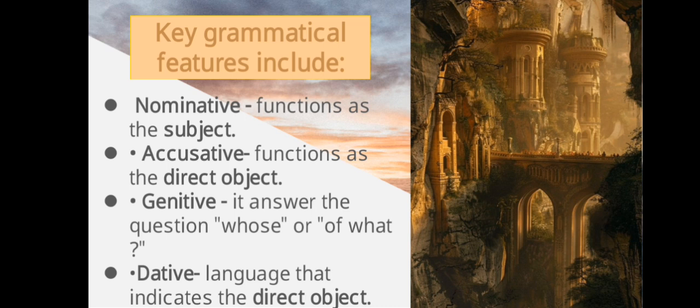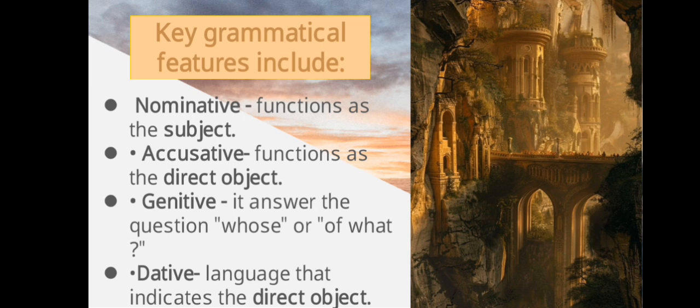The third one is the genitive, a grammatical case that shows possession or ownership. It answers the question whose or of what. And the last one is the dative, a grammatical case in some languages that indicates the indirect object of a verb.